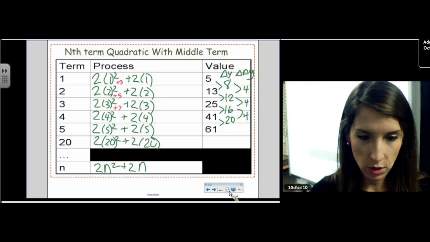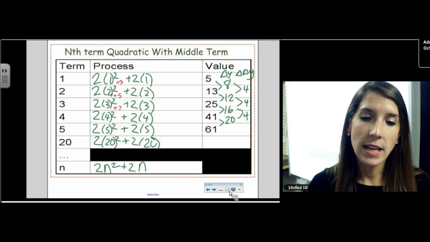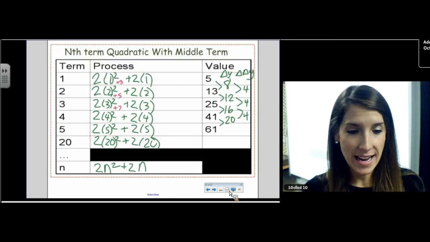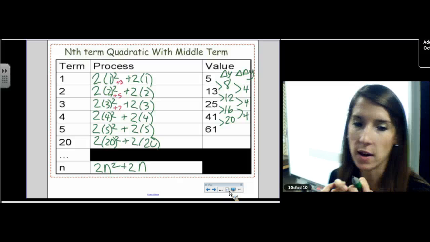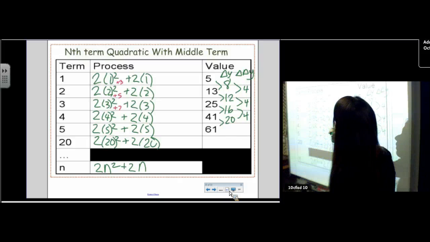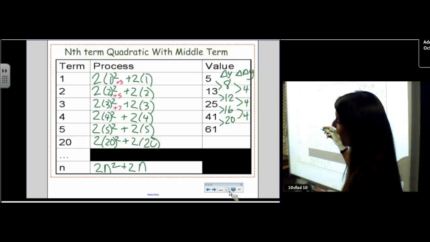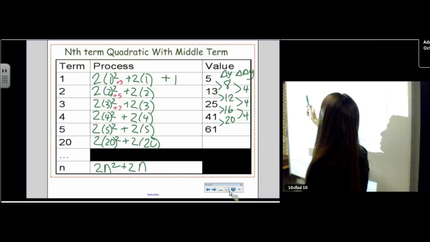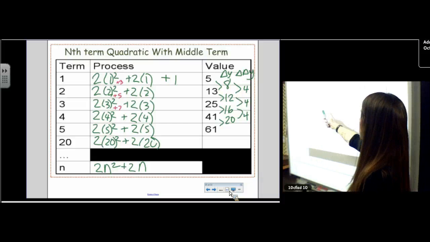2n squared plus 2n. Now we need to take inventory. How much do we have and how much do we need? And this one should be constant. Yes, Johan? So 2 times 1 squared is 2. 2 plus 2 is 4. How do you make 4 look like 5? Let's see, 2 times 2 squared, that's 8. 8 plus 4 is 12.